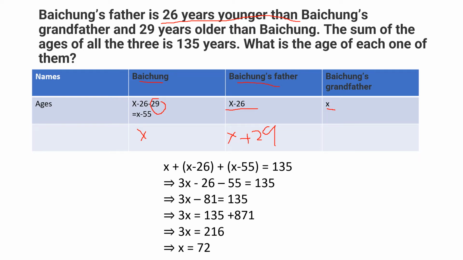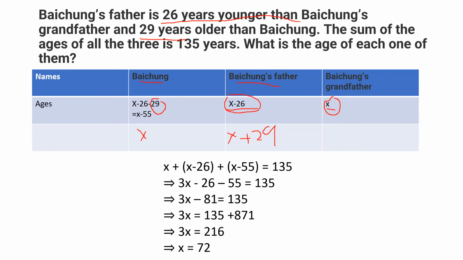Let us see again. If the grandfather is of age x years, then it is given that there is a difference of 26 years between the father and the grandfather. So you have written x minus 26 here. And next they are saying that there is a difference of 29 years between the father and the boy.